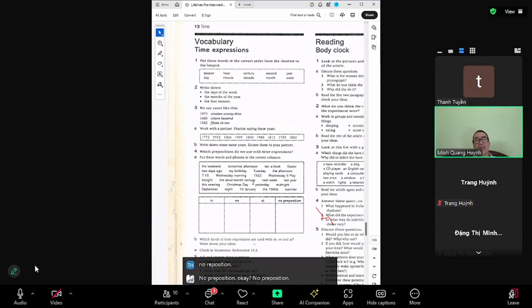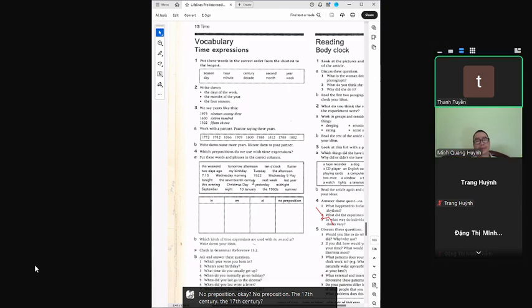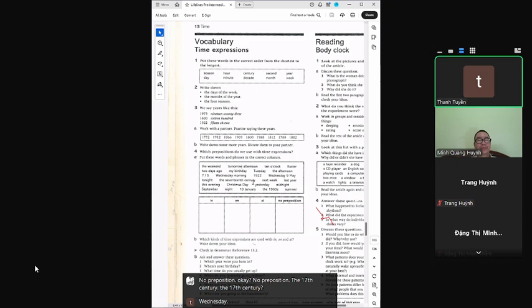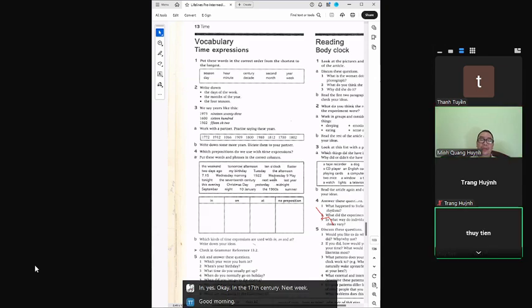The 17th century. In. Yes. Okay. In the 17th century. Next week. No preposition.